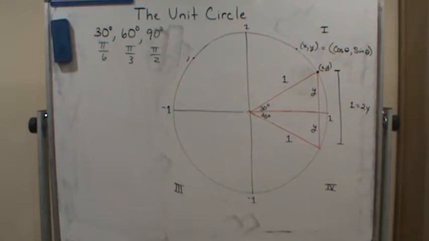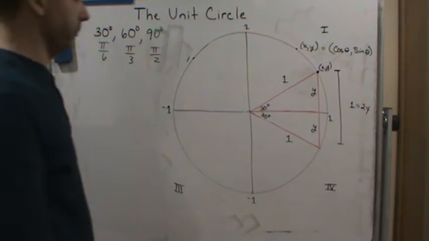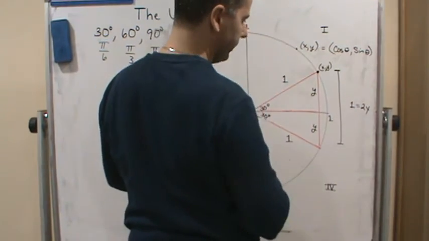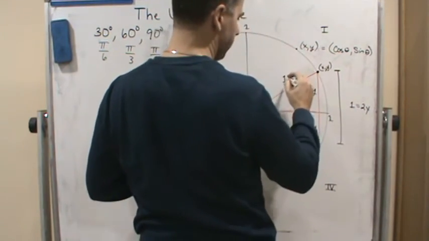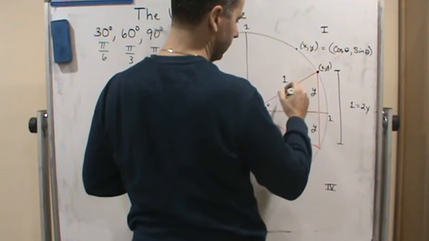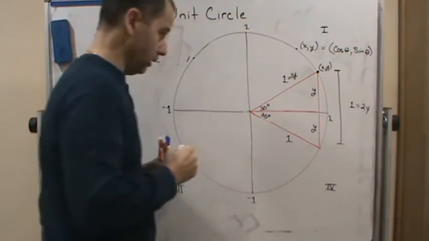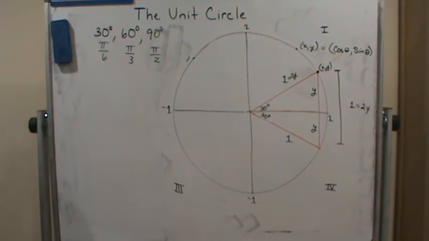Well, what does that mean? So we can also say, look, if this is 2y, this is 2y here. Well, then that's also equal to 2y.